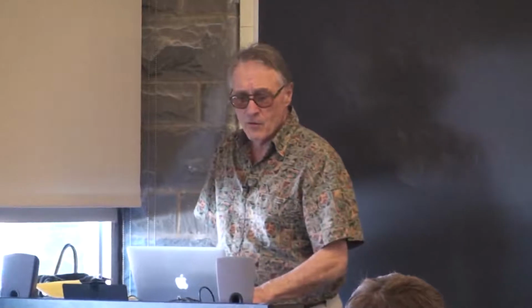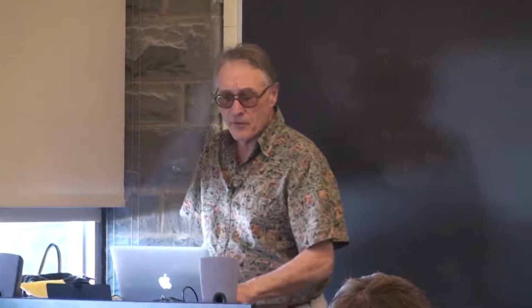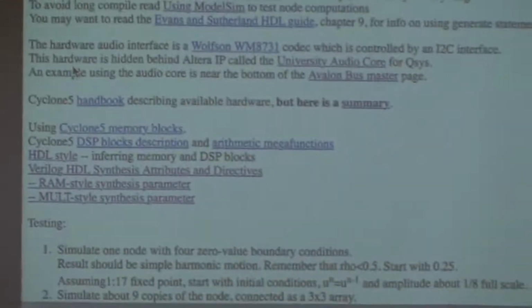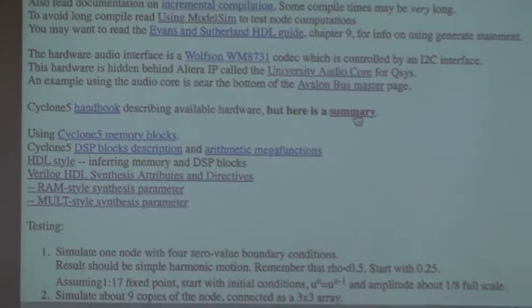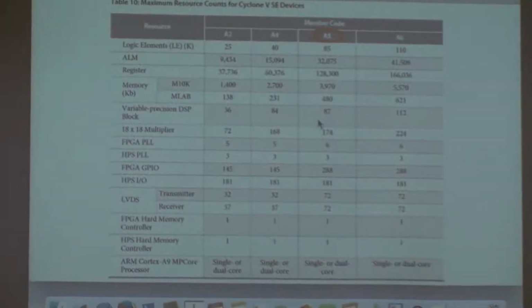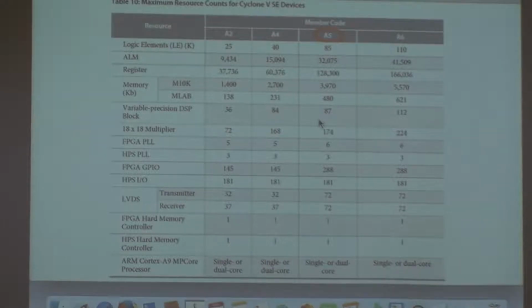The second is, I was fiddling around with compilation today and realized that the number of DSP blocks that the compiler was reporting is not the same number as I had told you. And I tend to believe the compiler.